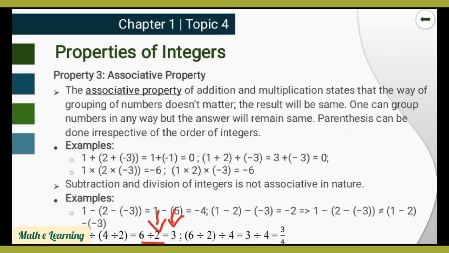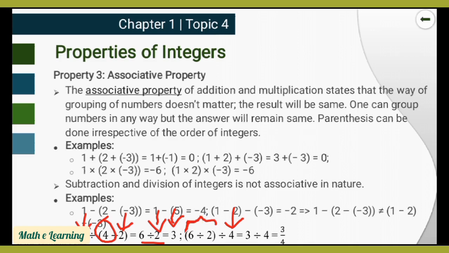Now we change the grouping of these numbers. We take 6 and 2 into the brackets, and 6 divided by 2 divided by 4. The remaining number is 4.